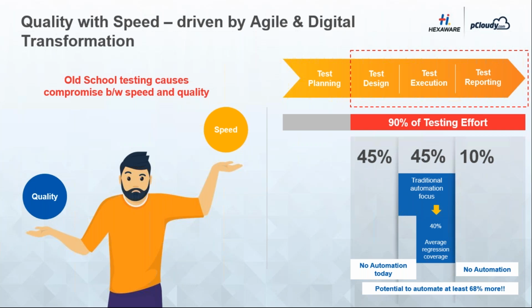So the first thing we did was take a look at it: given everything we have today, automation is the biggest lever for us to deliver quality with speed. And for that, we started looking at if we are doing enough automation, why are we not able to achieve quality with speed today?